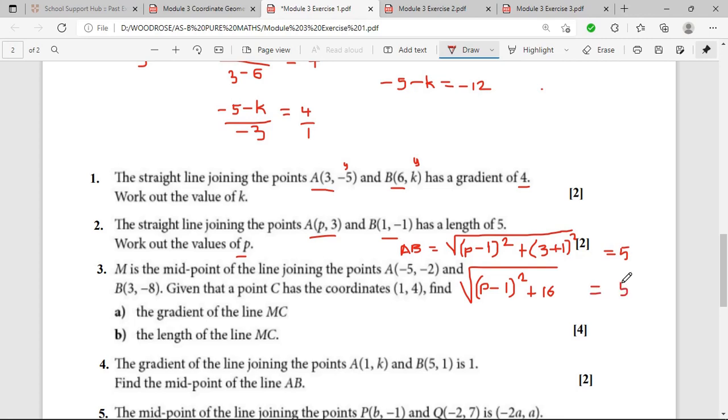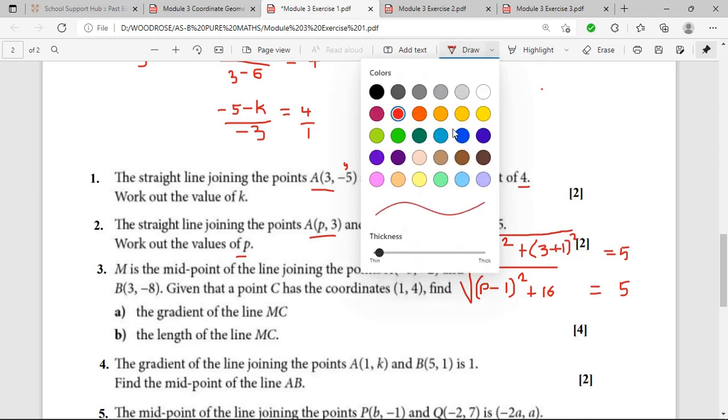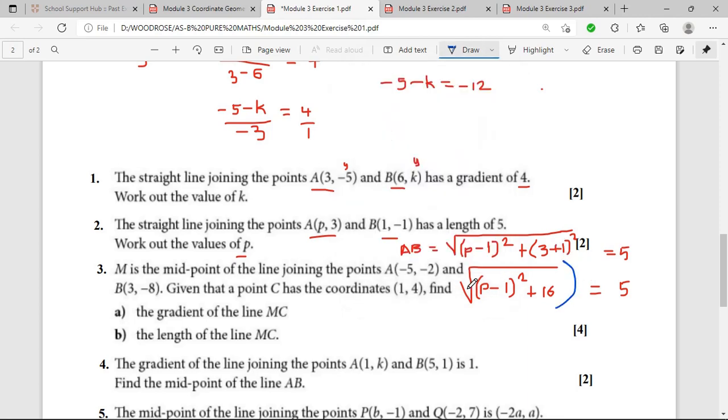What are we going to do? Do we really need to expand this? No, it will be complicated. First of all, let's remove the square root. We remove the square root by squaring both sides. If we square this side, the square root disappears, and we remain with p minus 1 squared.